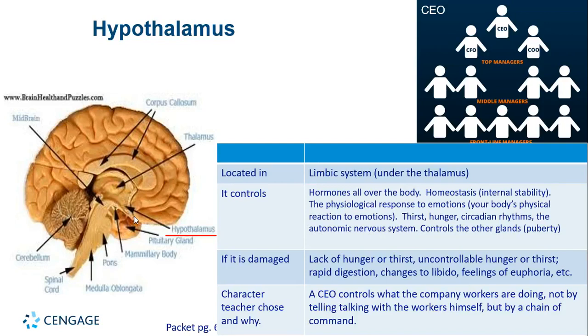And so because it controls your hormones, it controls anything that has to do with hormones, homeostasis, your ability to maintain a stable balance in hormones, and then physiological responses like emotions, your body's physical emotions, not your mental emotions like, oh, I think I'm sad, but your body's response, muscle tension, how fast your heart's beating, whether you feel sort of gross in your body or light, thirst, hunger, sleep patterns, a lot of your autonomic nervous system things.